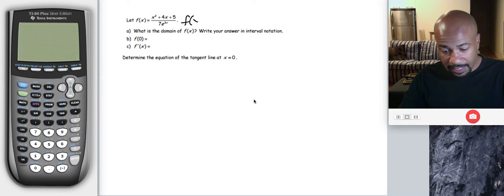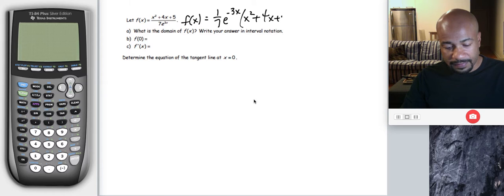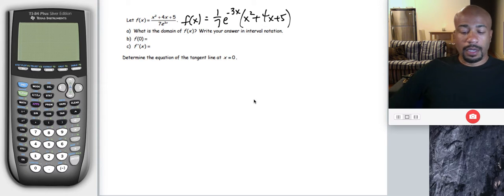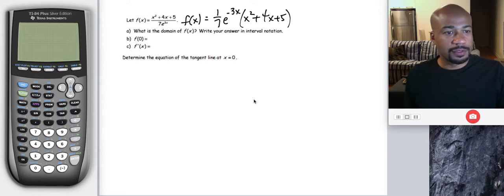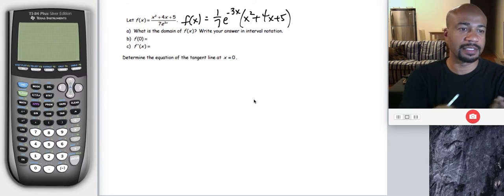In this case, f of x is equal to 1/7, so assume that this whole quantity is 1, and that's how I get the 1/7, times e to the negative 3x times the quantity x squared plus 4x plus 5.